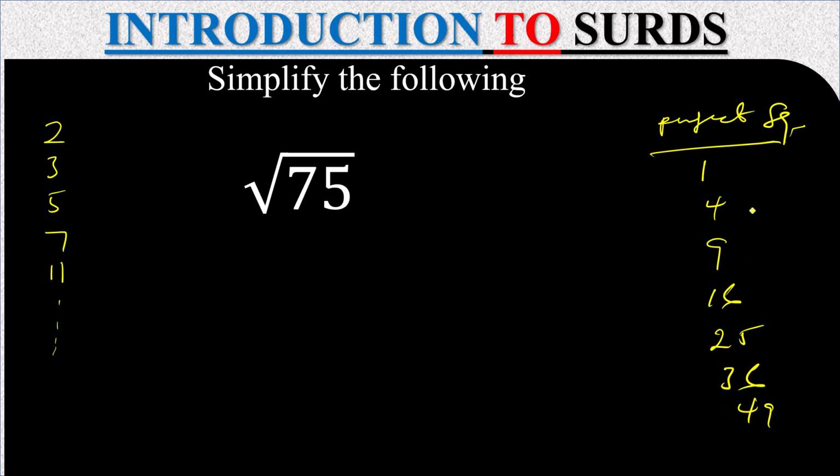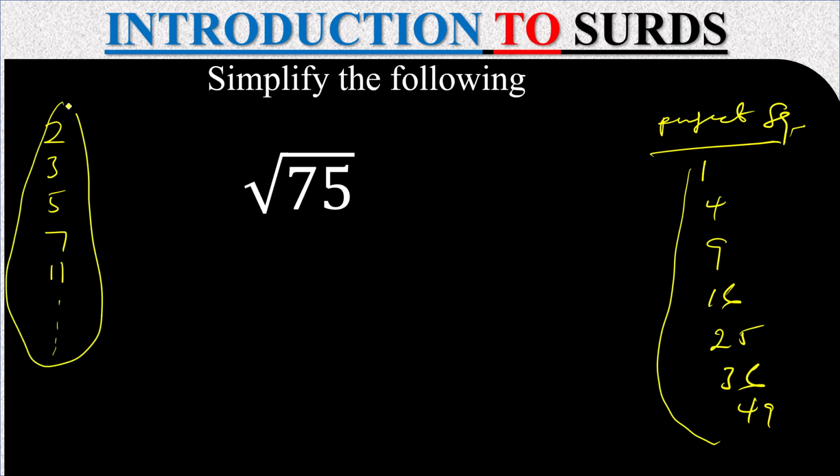In that order. So these numbers are considered as perfect squares, and these ones are prime numbers.